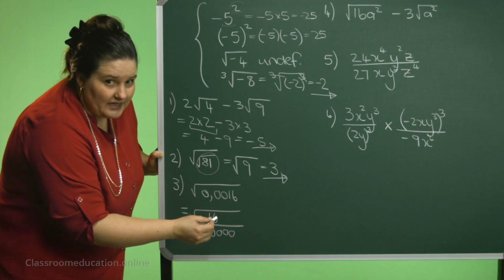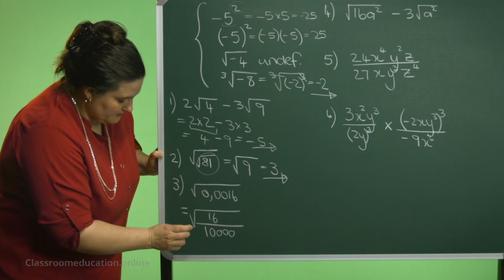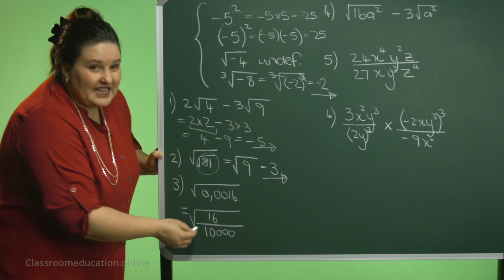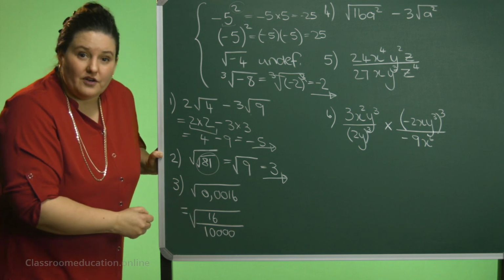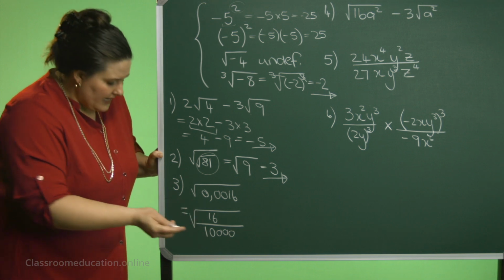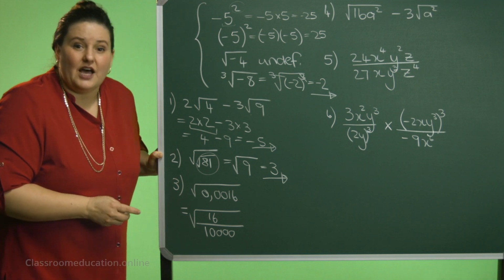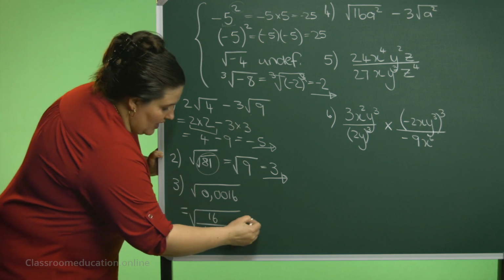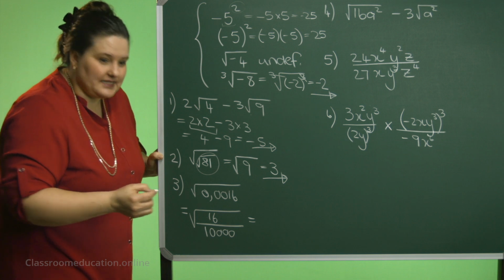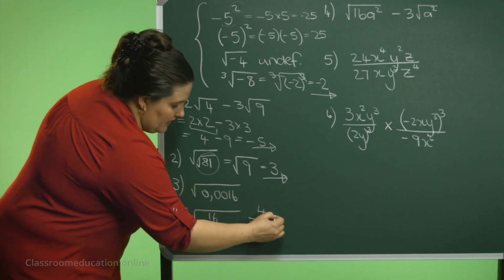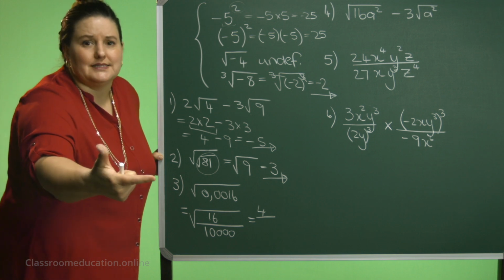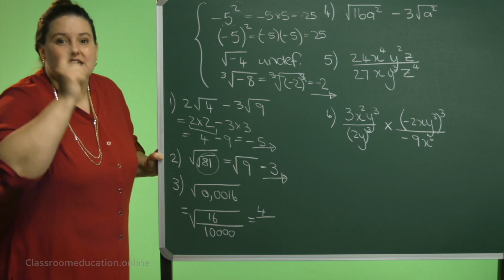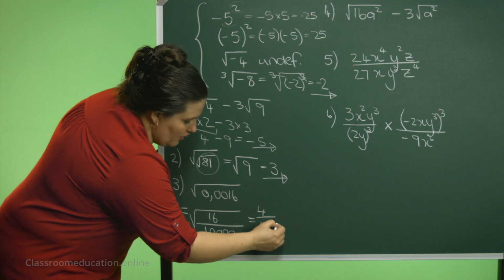Sorry, my denominator, not numerator, denominator. So 16 10,000ths. And can you get the square root of 16? Yes. Can you get the square root of 10,000? Yes. So I can say the square root of 16 is 4. The square root of 10,000, what times what is 10,000? It's 100. 4 over 100.